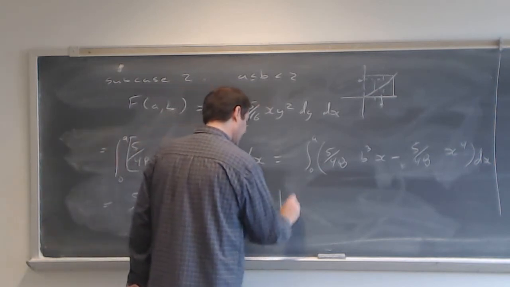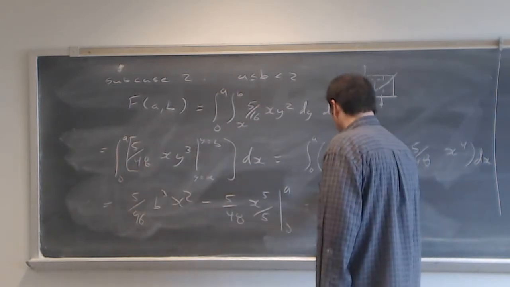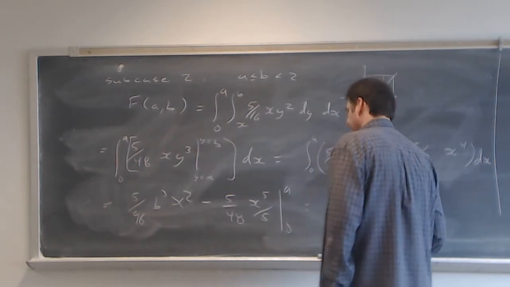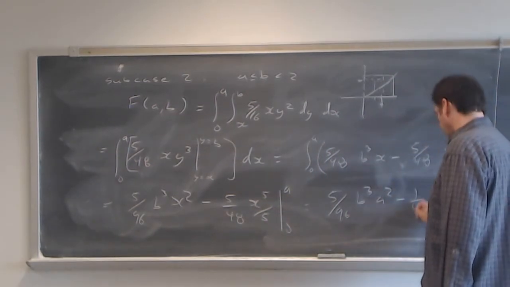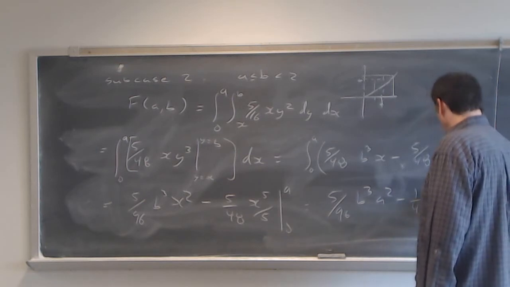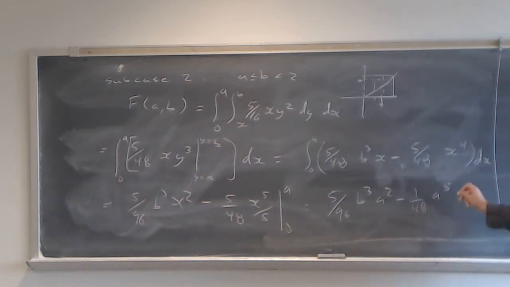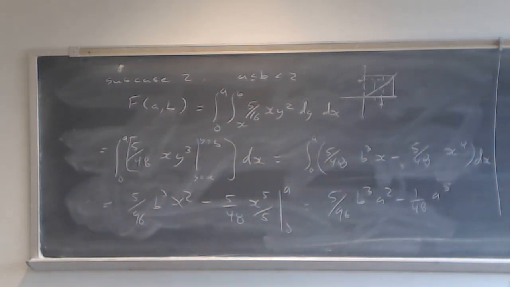I need to evaluate that as x runs from 0 to a. When you stick in a, here's what you get. You get 5 over 96 b cubed a squared, minus, the 5's here will cancel, so I'm going to rewrite this as 1 over 48 a to the 5th. When I stick in 0 for x, I'm going to have subtraction 0, so that's what I get for the joint CDF in this situation.